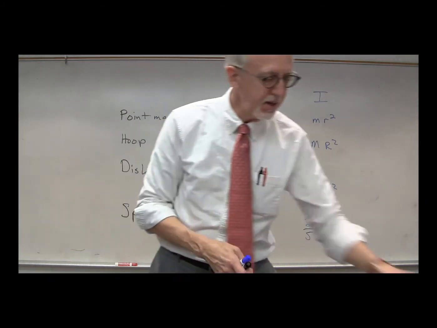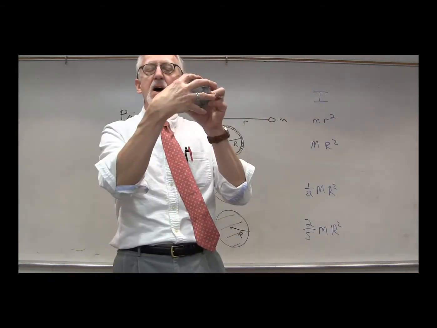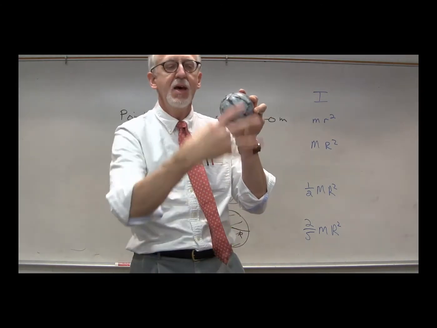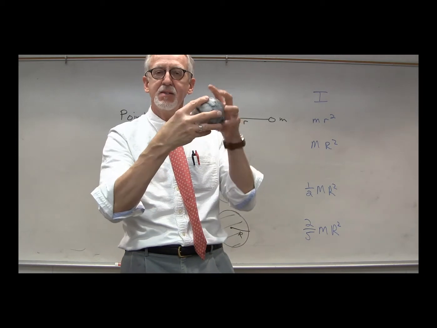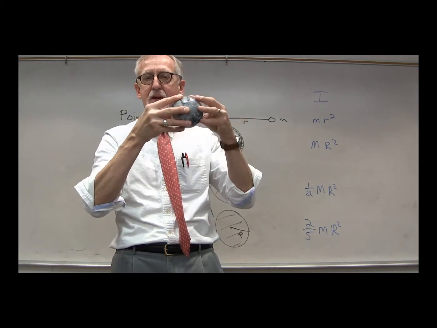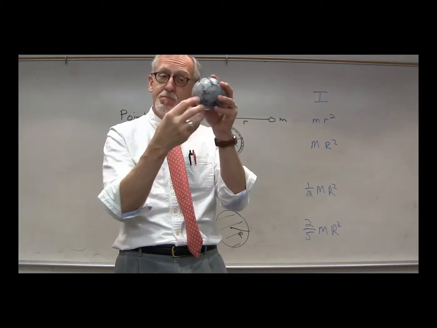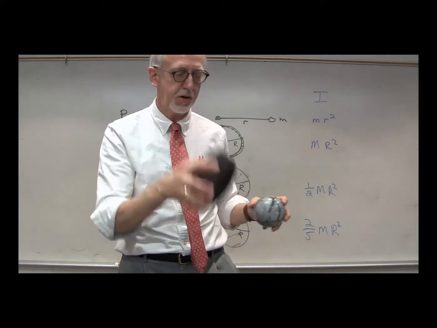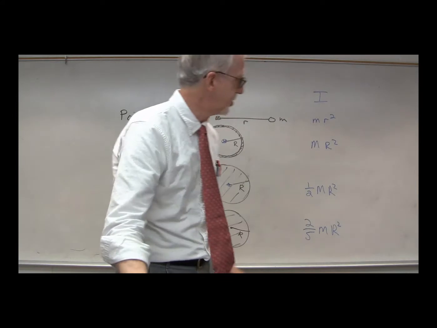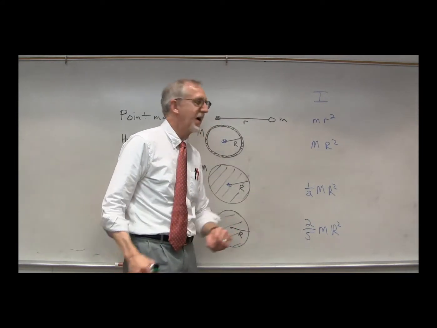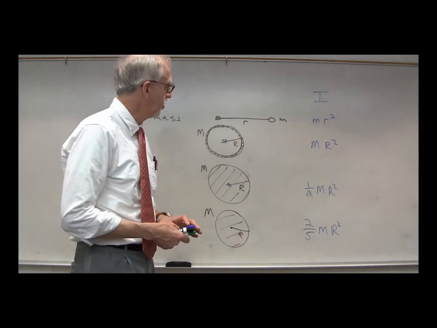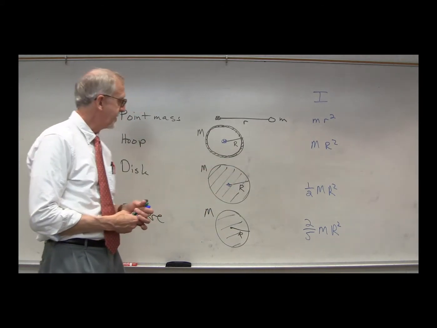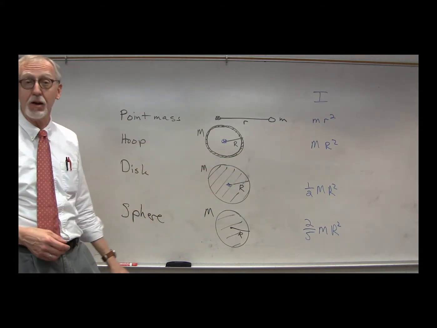And that's because even more than a disk, a lot of the mass is closer to the axis. You can imagine taking a disk and then pulling some of the mass in the front closer to the axis and pulling some of the mass in the back closer to the axis. Much more of the mass is even closer to the axis for a sphere than it is for a disk, and so the moment of inertia, 2/5, is even less than the factor of 1/2 for the disk. So those are just some different values for different moments of inertia that we'll be using later on.